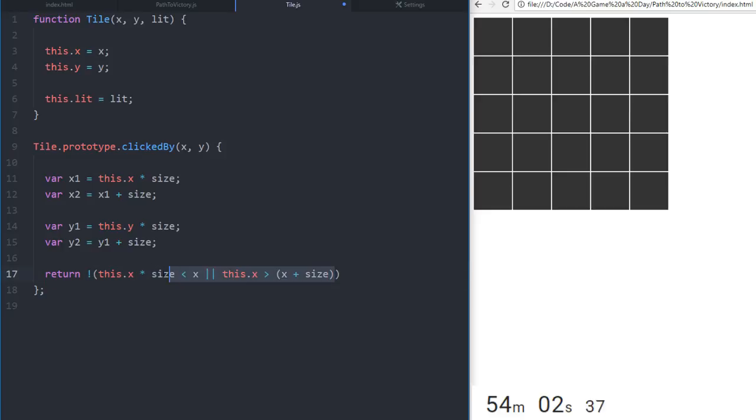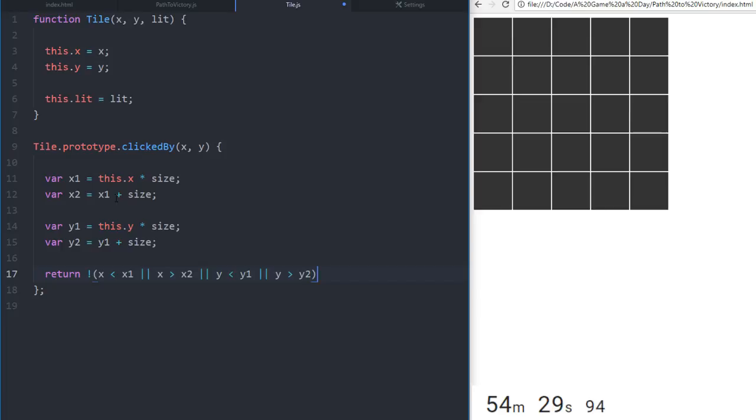So if x is less than x1, or x is greater than x2, or y is less than y1 or y is greater than y2.